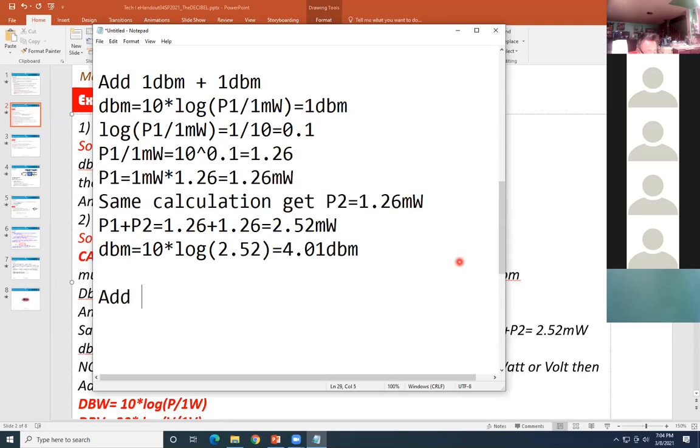Okay. Now, if you are already done, I want you to add for me this one: 0 dBm to 0 dBm. Yeah, 1 milliwatt plus 1 milliwatt, 2 milliwatts, plus 3 dBm.